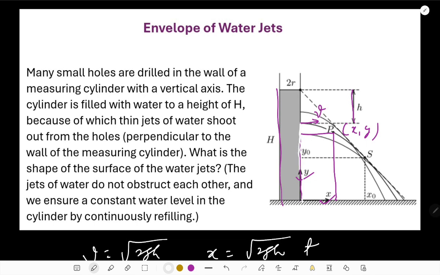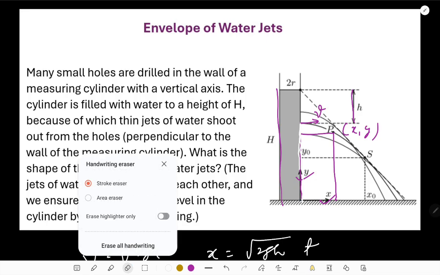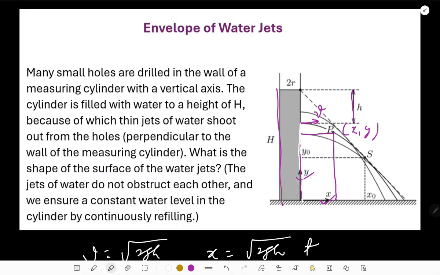You can see here. Let me remove all such things so that this point P is here, and we got h minus y. h minus y is the height. If I'm considering any point, I consider this thing. So h minus y equals x.